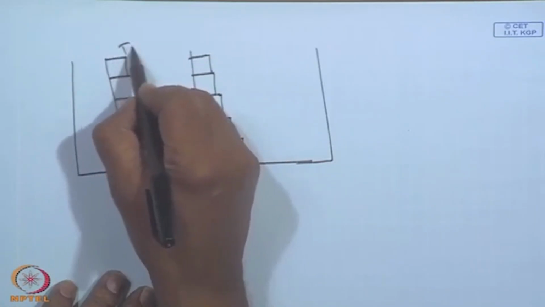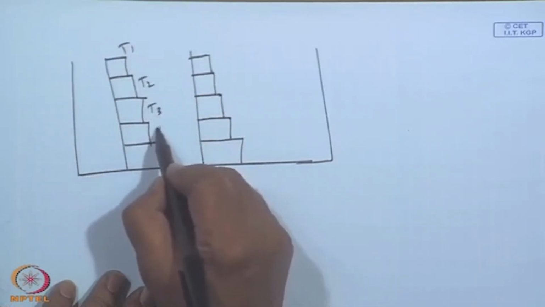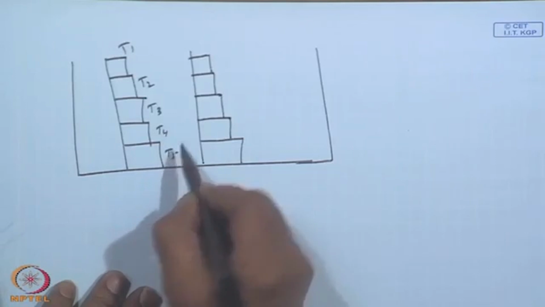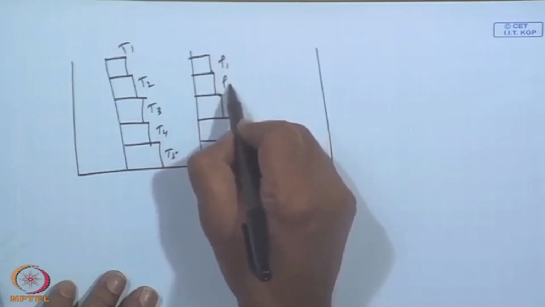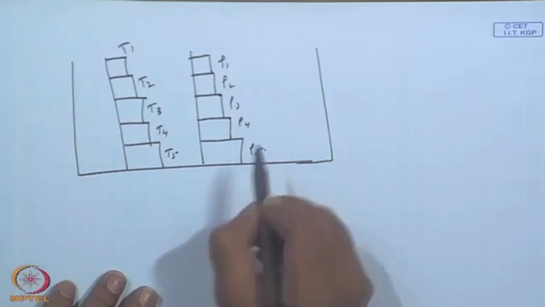So, this is T1, T2, T3, T4, T5, rho 1, rho 2, rho 3, rho 4, rho 5.